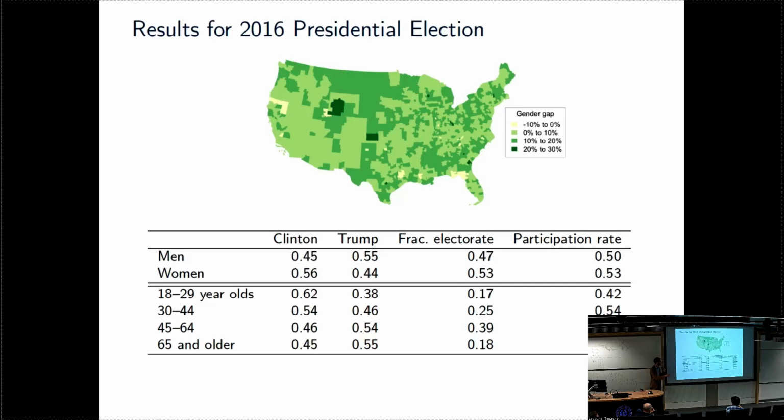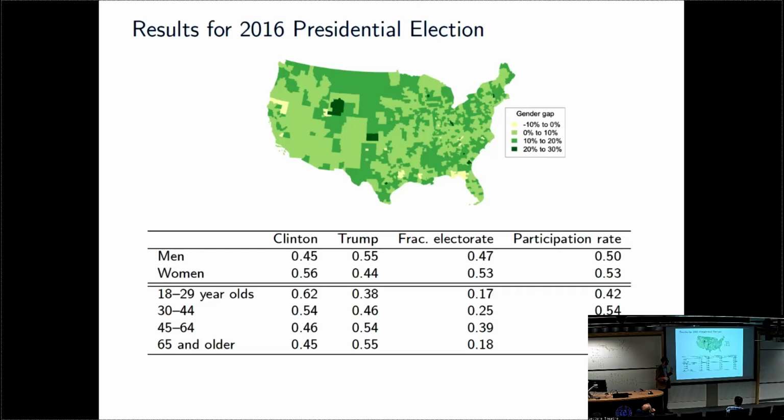But anyway, here's what we can see. Among men, there's just the top line number for the whole country. Support for Clinton was 45%, support for Trump was 55%. And this is the fraction of the electorate for these two categories. Men were 47% of the electorate, women 53% of the electorate. That's something that's interesting in its own right. That's something you can get from exit polls if you believe them. You can get it from voter files, and certainly I would believe them from voter files.